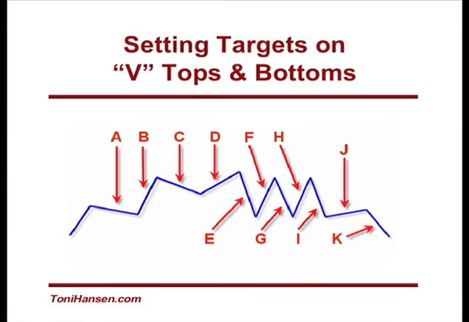Now, going back and looking at targets and how to establish targets on other types of moves, I know a lot of you traders will time pivot highs and pivot lows. So basically, you're looking at other types of reversal strategies than the pure momentum shift one that I talked about earlier. Well, when you're looking at reversals off of highs and lows, such as here, these V-bottoms, where you might see momentum shifting in those lower levels on smaller time frames.